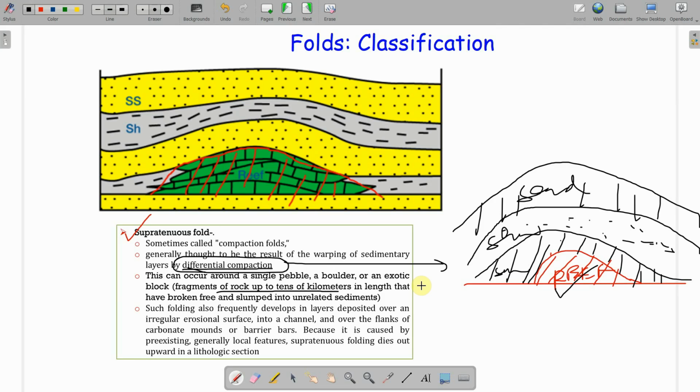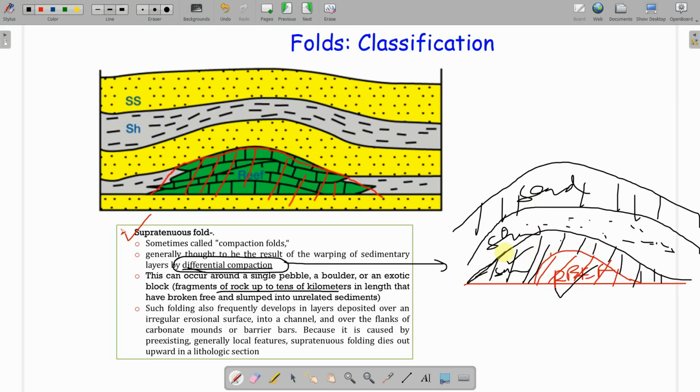So differential compaction means not everywhere the same type of compaction is happening. For this reason, what may happen is that the strata is thinnest at the crest, like this. Consider this layer, others I cannot draw properly.